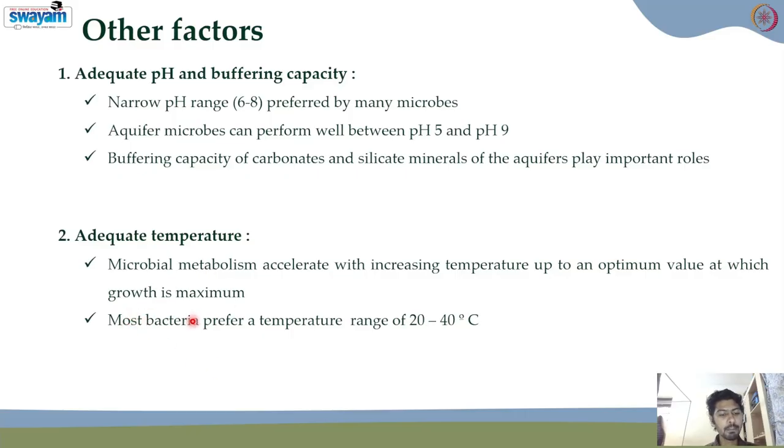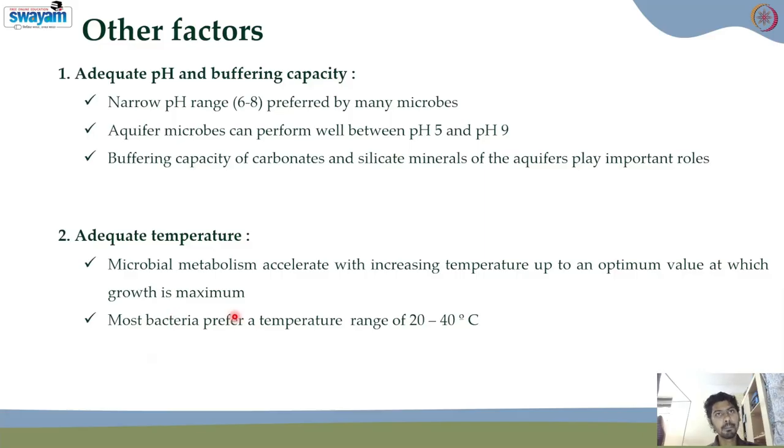For most bacteria, the preferred temperature is around 20 to 40 degrees Celsius. Below that temperature, it often slows the microbial growth, and above it, they eventually die or don't survive at very high temperatures. But exceptions are there.